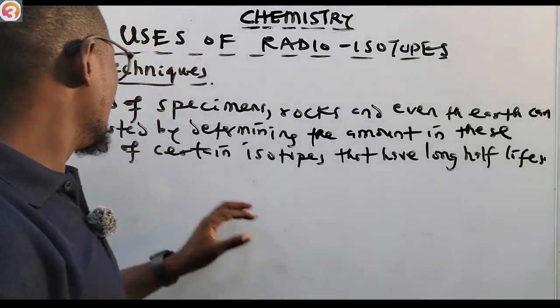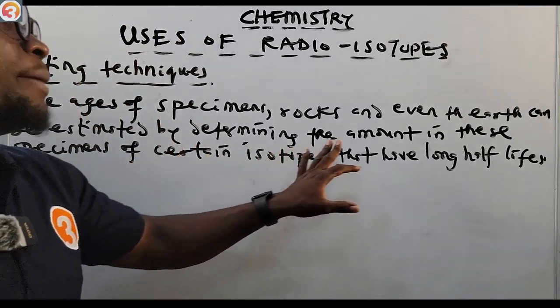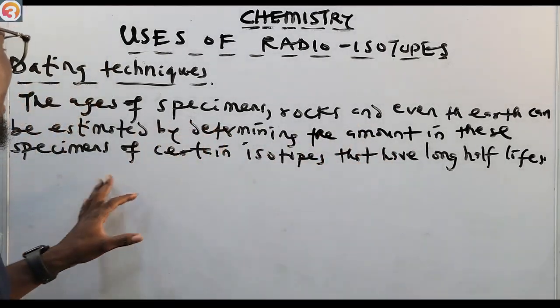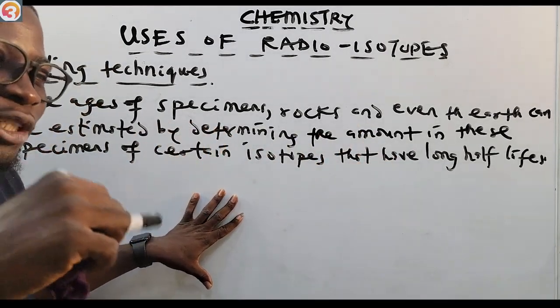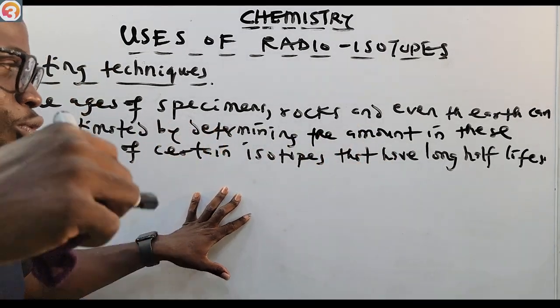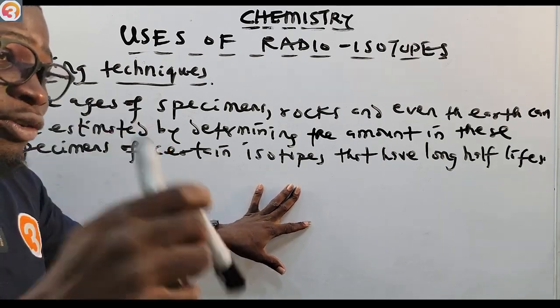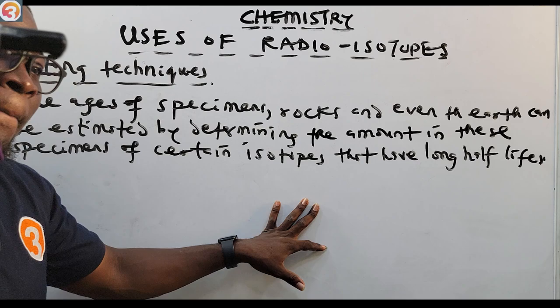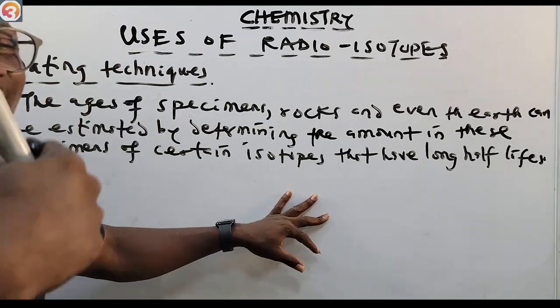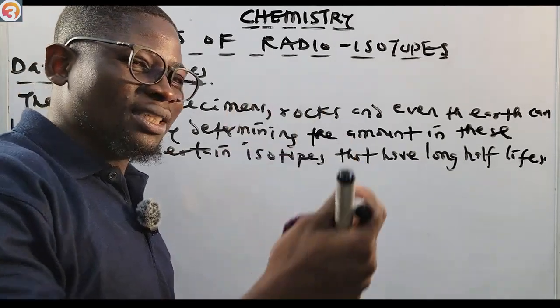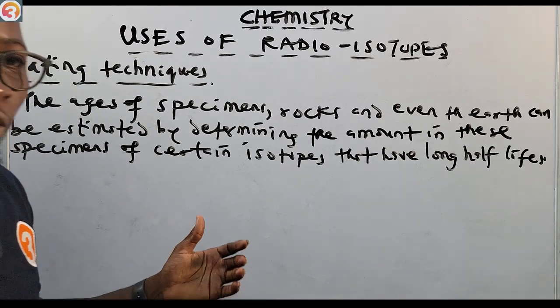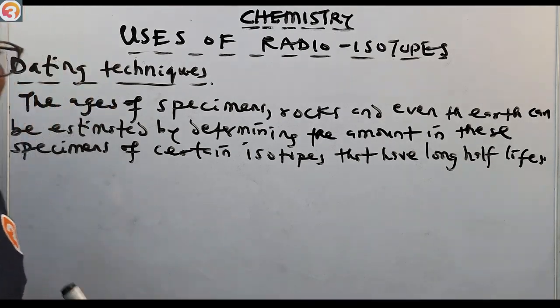It can be estimated by determining the amount in the specimens of certain isotopes. There are some isotopes that will tell how long they have existed. So if you see those isotopes in those specimens, we can use them to estimate how long the specimen has lived.